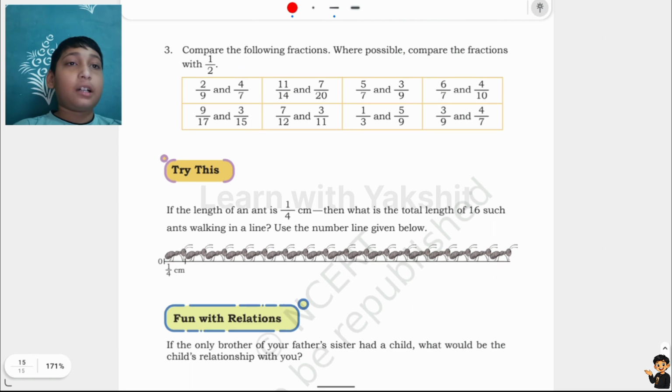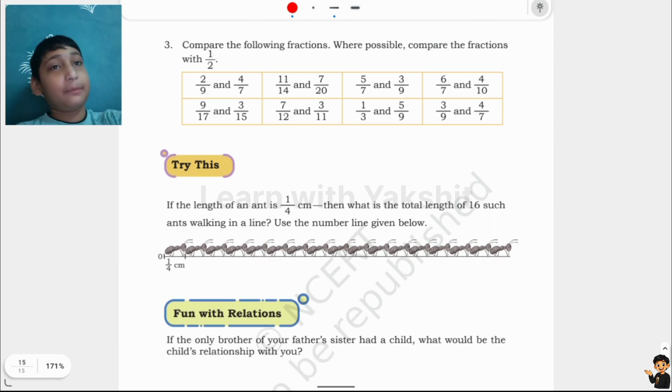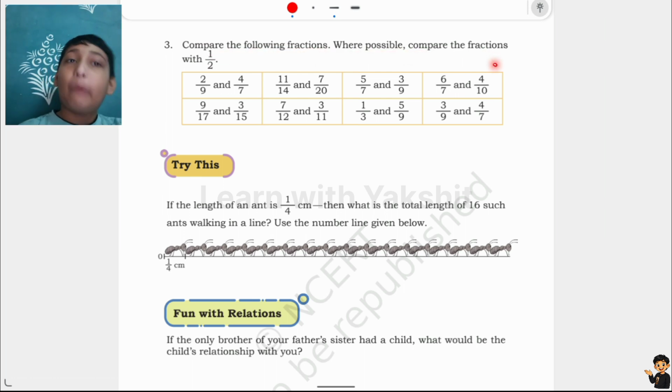Now we are at the end of this chapter, but there are questions. Now compare the following fractions whenever possible. Compare the fractions with 1 upon 2.